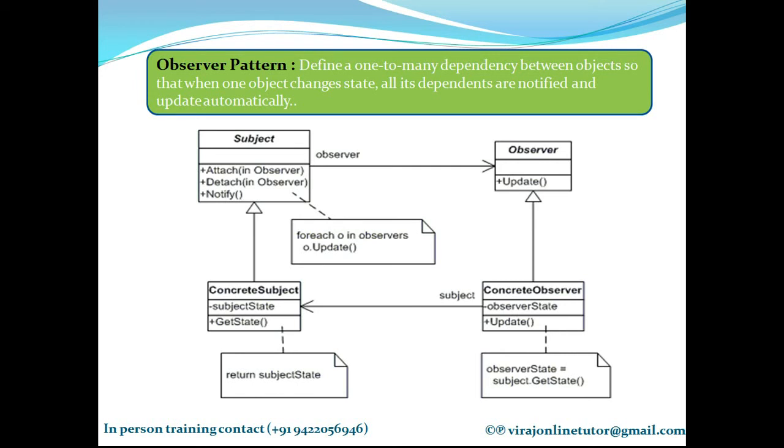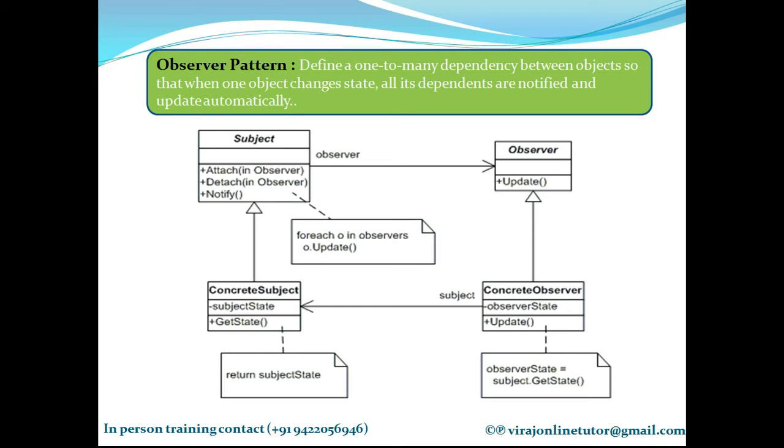A simple operation on a subject may cause a cascade of unnecessary updates on the observers, resulting in unnecessary operations. Many times the newspaper is flooded with lots of details, and we are not interested in all the news. We simply get flooded with unnecessary information. So that's the disadvantage.